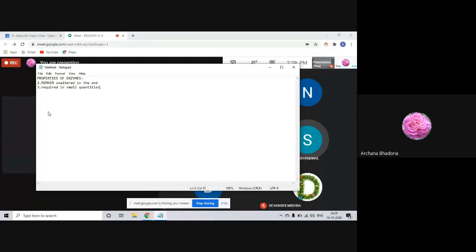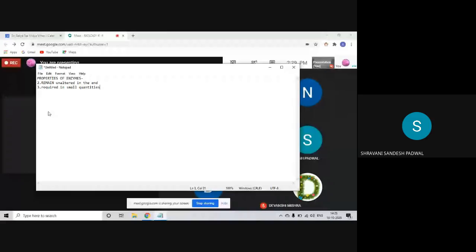Means a single enzyme molecule acts upon these many substrate molecules per minute. So you can understand speed भी कितना ज़्यादा है और कितना कम amount चाहिए पड़ता है. Okay, so is this very clear to everyone? This property of the enzymes? Yes, ma'am.